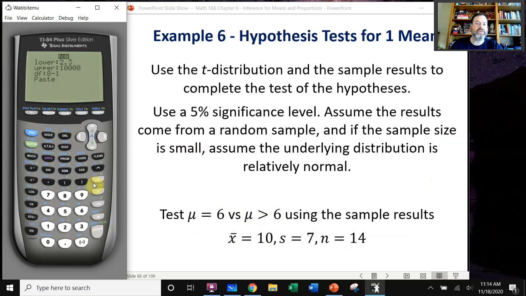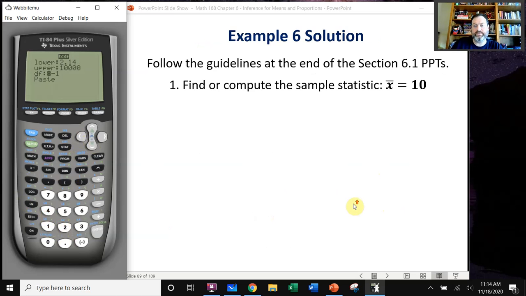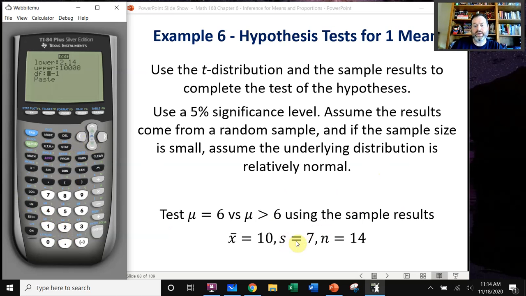All right, so we want everything above 2.14. And our degrees of freedom is 13, right? Because n is 14, so degrees of freedom, 13.